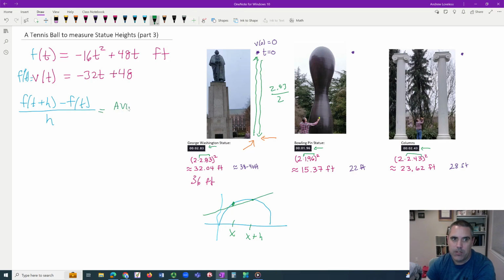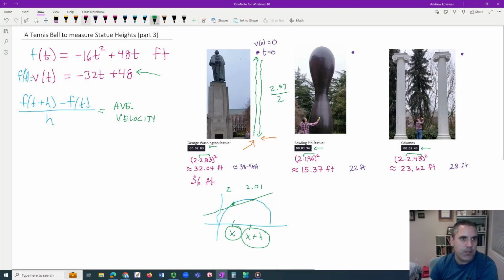We would say average velocity between this time and this time, like between 2 seconds and 2.01 seconds. The closer h gets to 0, the closer you get to accurate. And this thing right here is what you get if you simplify this formula and replace h with 0.